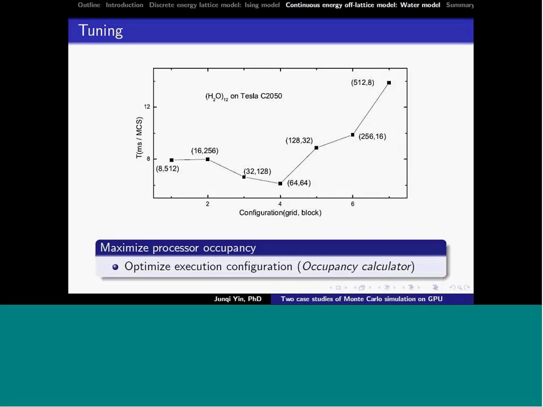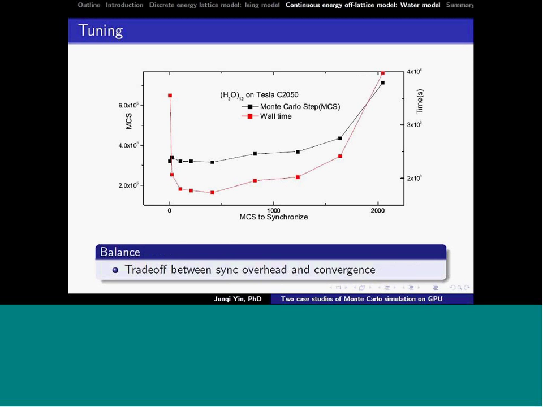You can do a simple run to test which grid and block configuration will have the best performance on your specific card. Here we have a comparison of grid and block sizes and the performance on this Fermi-based card.